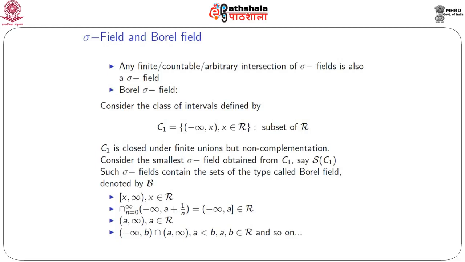So, we can have so many sets. All these sets are called Borel sets. So far in our day to day life or in our courses, whatever sets we will be using are all Borel sets. There are some sets which are not Borel, but that is beyond the scope of this lecture.